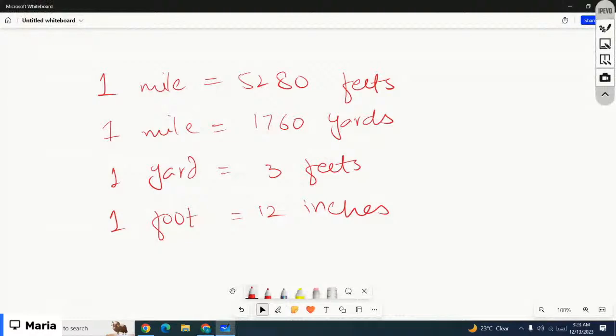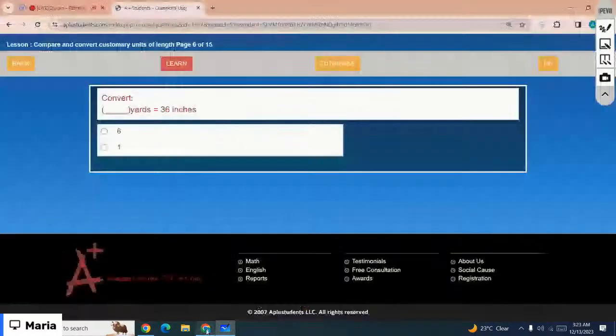You can note this down. So here you have 36 inches equal 1 yard. The correct option is 1, right?